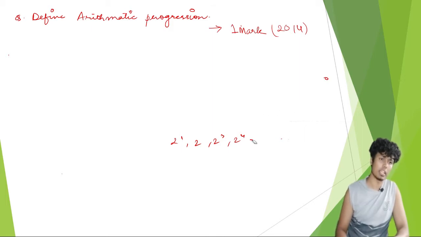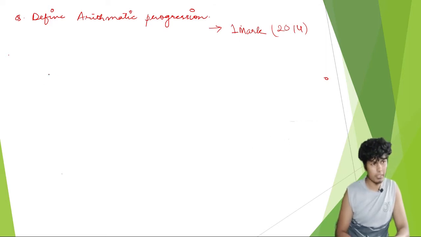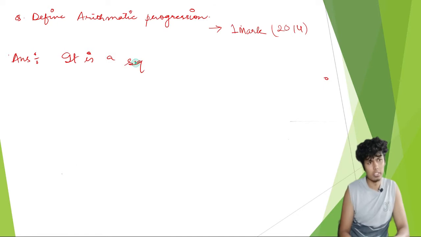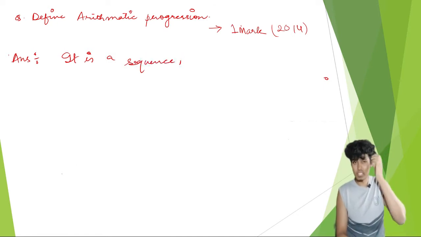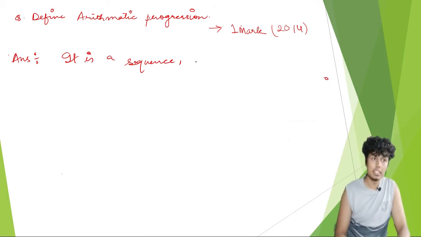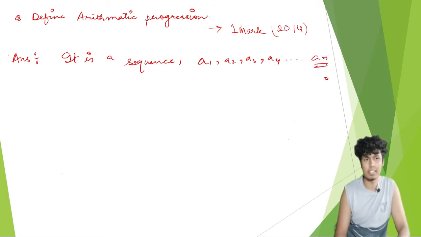Let me make you understand what is arithmetic progression. Arithmetic progression is a sequence whose terms are, let's say, A1, A2, A3, A4, up to An.